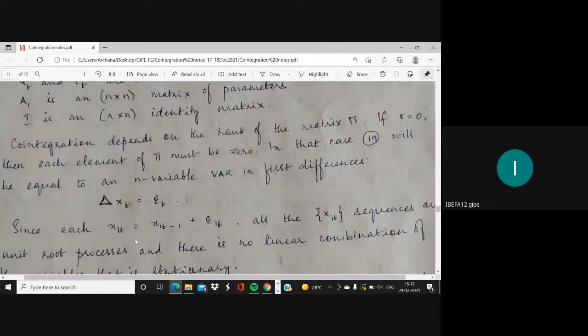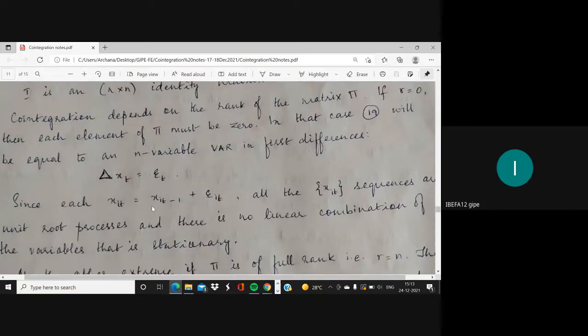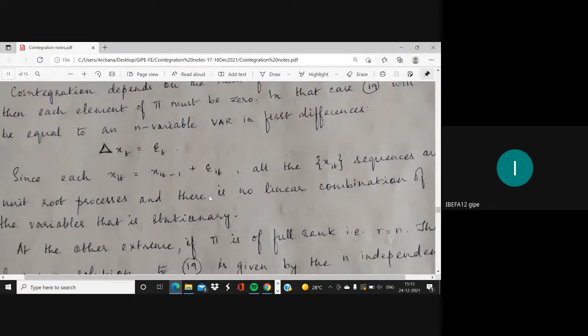So this is a unit root or non-stationary time series. Each of the n variables in the x_t vector is non-stationary, following a random walk, and there is no linear combination of these variables that will be stationary.